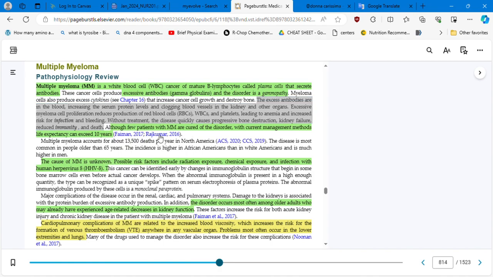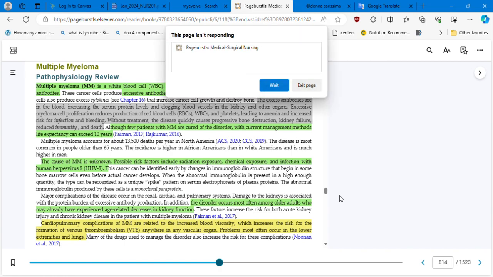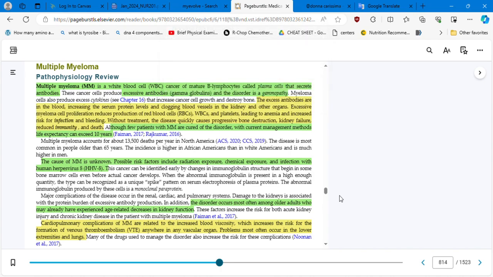So, although few patients with multiple myeloma are cured of the disorder with current management methods, life expectancy can exceed 10 years. I personally have seen patients that are taking their medications and are very strict about following up with the provider, because as you are going to see now, it's not only the symptoms, but the problem with the bones, and bone pain is an issue for anybody in general, right?